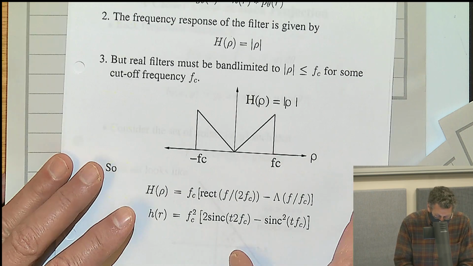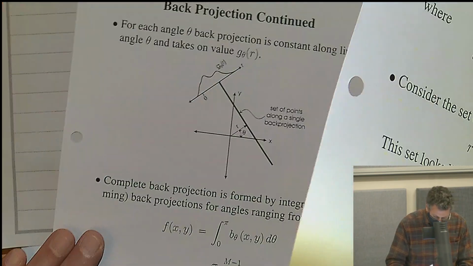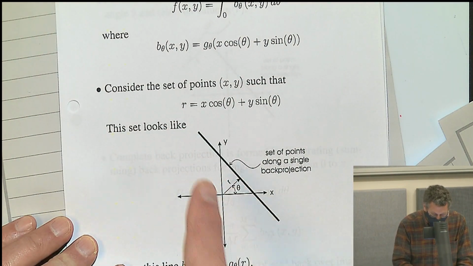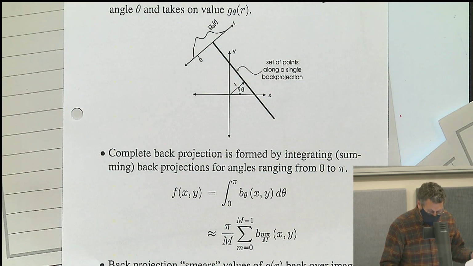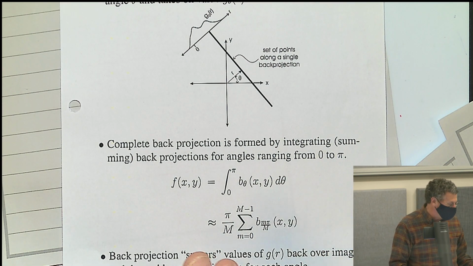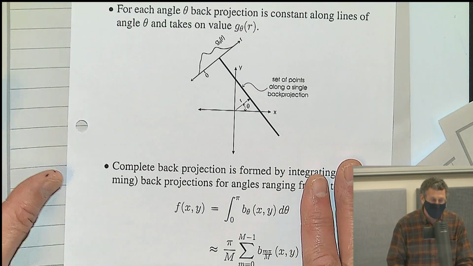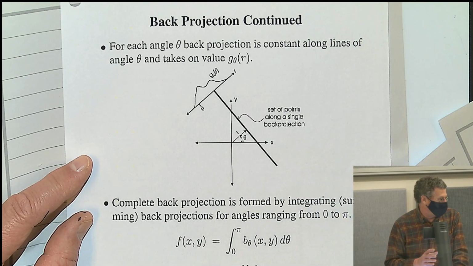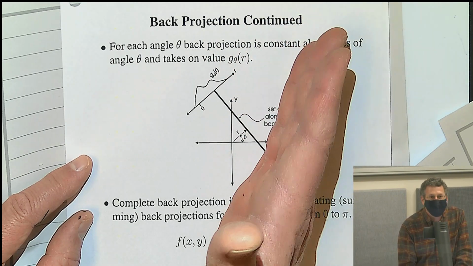So if we plot that function, it looks like what? Oh, and I'll plot it in just a minute. So this is the back projection. Again, it's smearing back along the lines, right? Now, in practice, you can't take an infinite number of projections because the computer can't store them. So you take a finite number of projections, discrete projections at discrete angles, right?